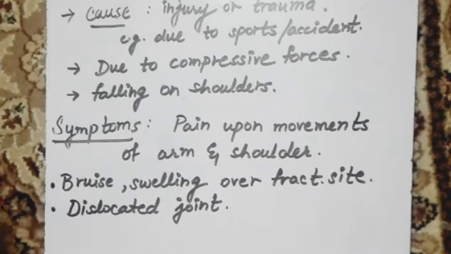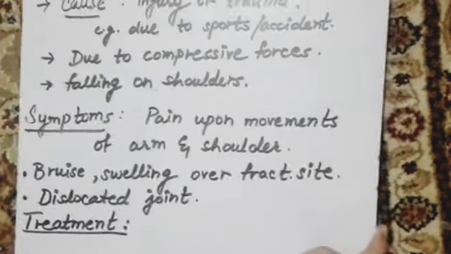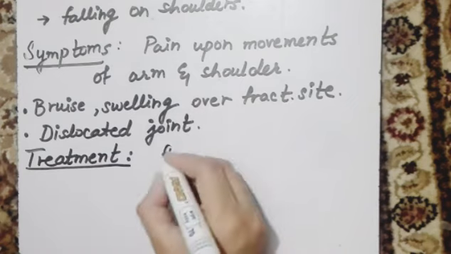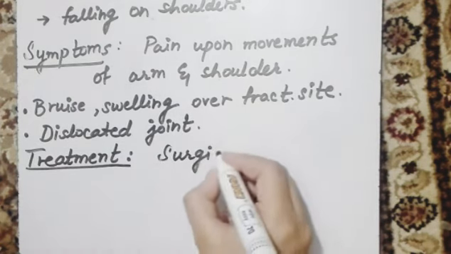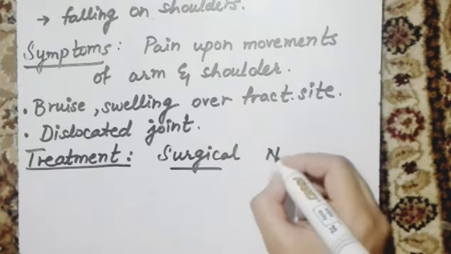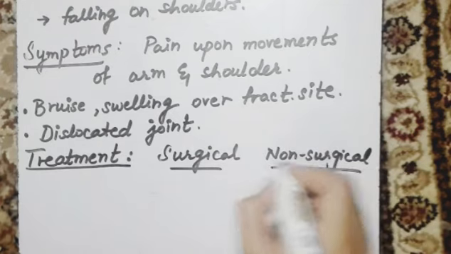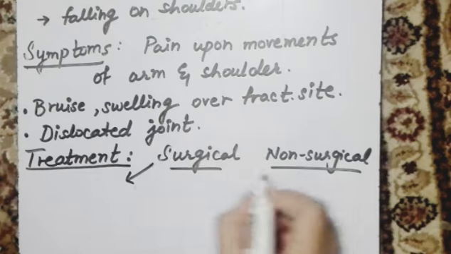It's so painful, right? Okay, so there are two ways of treating a clavicle fracture. One is a non-surgical way and the other is a surgical way. I'm not saying that you might get one fracture, but if you get one, which would you prefer, surgical or non-surgical?